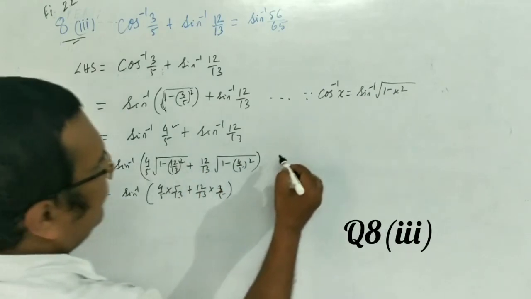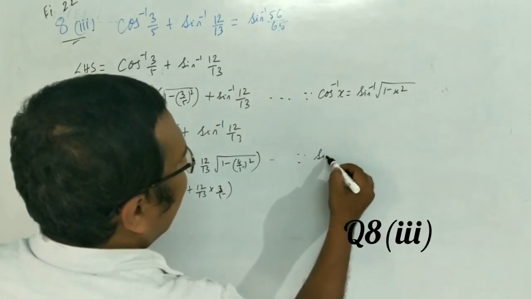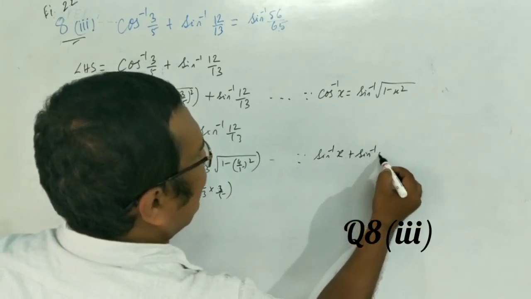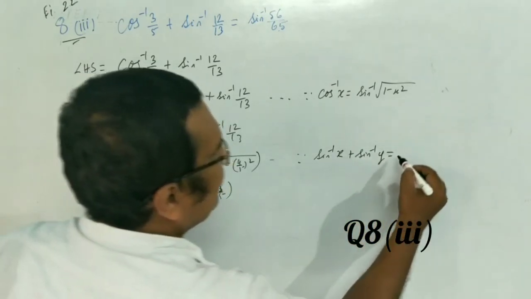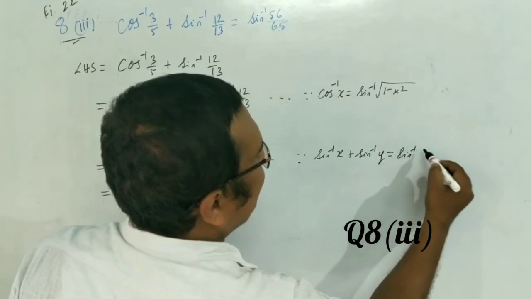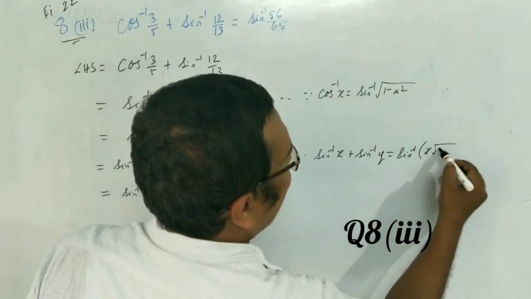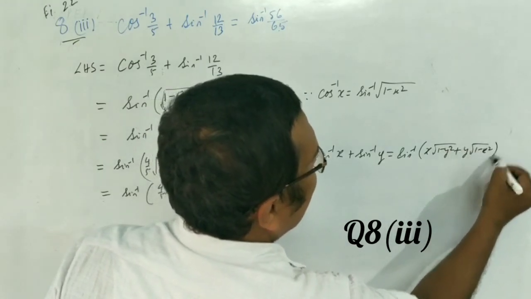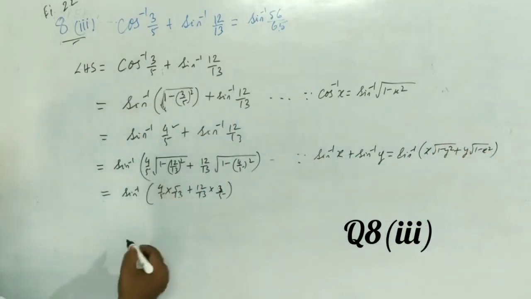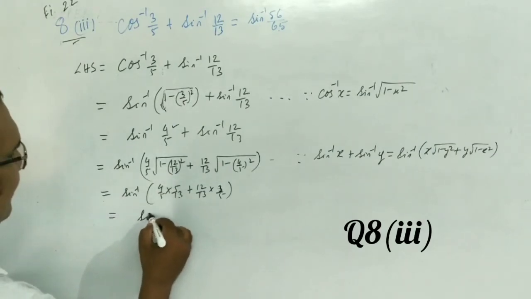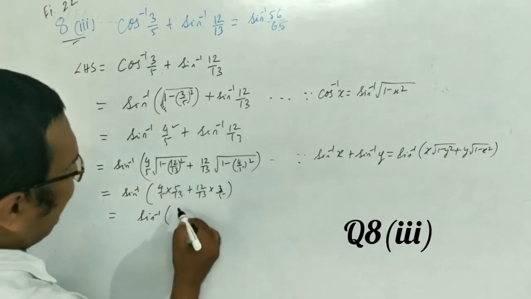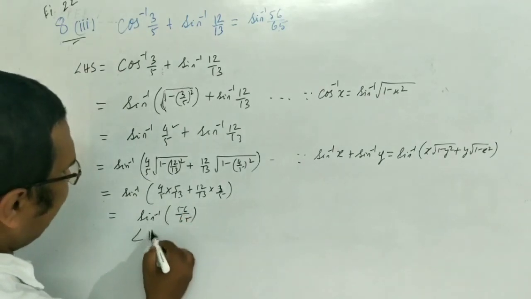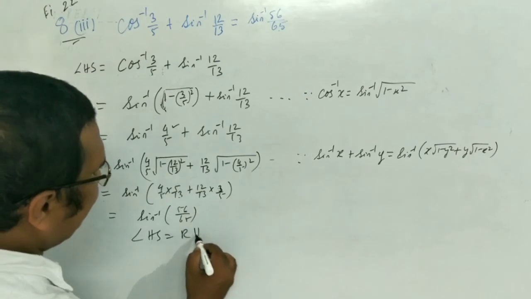Now the formula: sin inverse x plus sin inverse y is sin inverse of x root of 1 minus y square plus y root of 1 minus x square. After using this formula, I get sin inverse of 20 plus 36, 56 by 65. So LHS is equal to RHS.